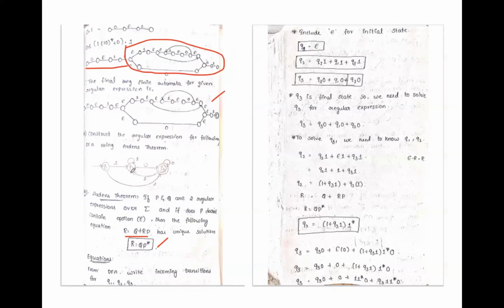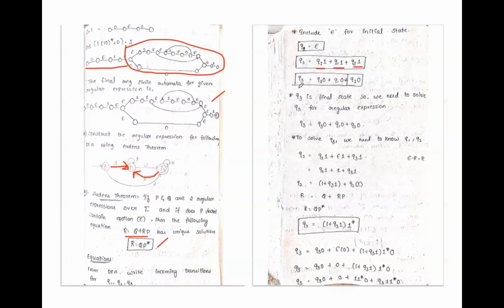Then Q2 is receiving input from Q1 on 1, so Q1 dot 1. At the same time, it has a self loop, so Q2 dot 1, and from Q3 it also receives input, so Q3 dot 1.